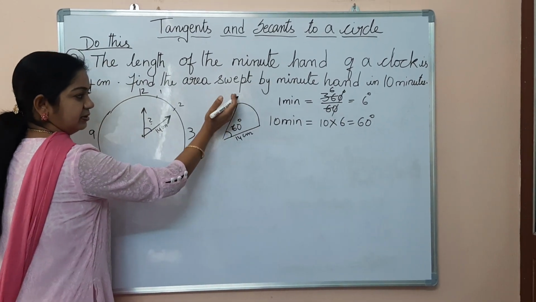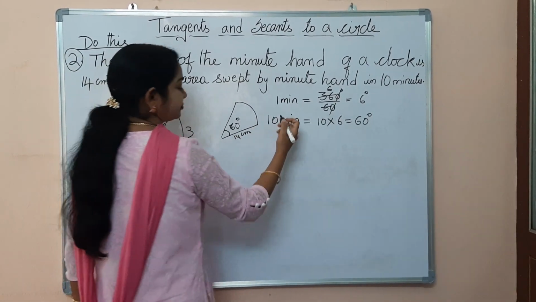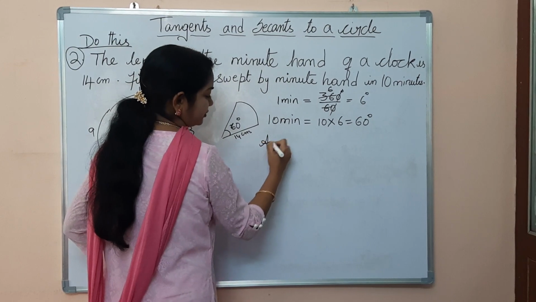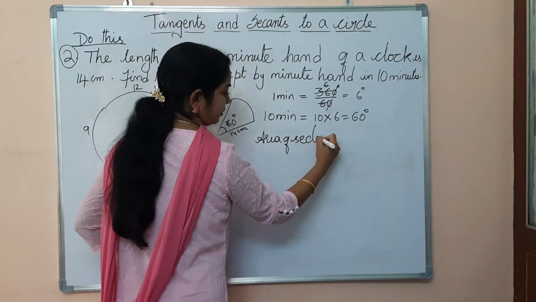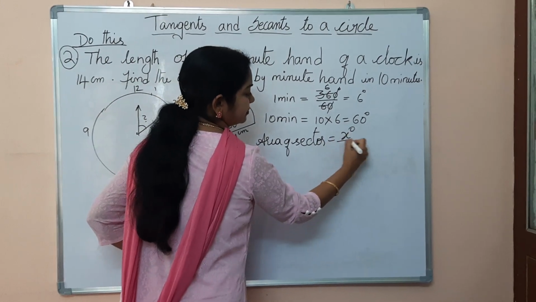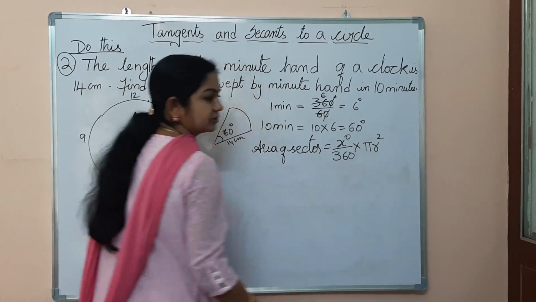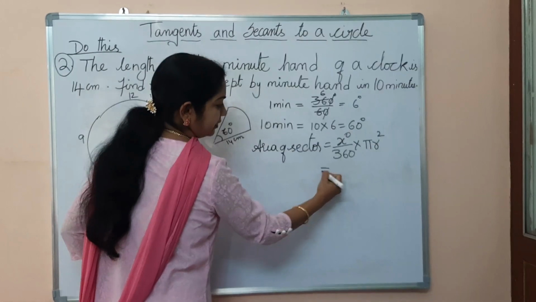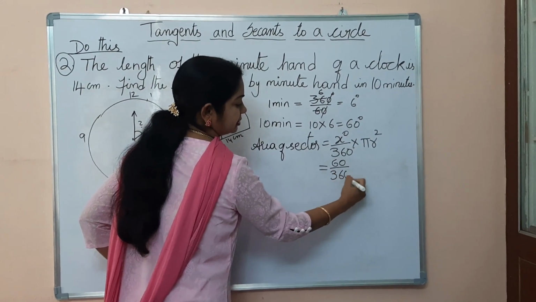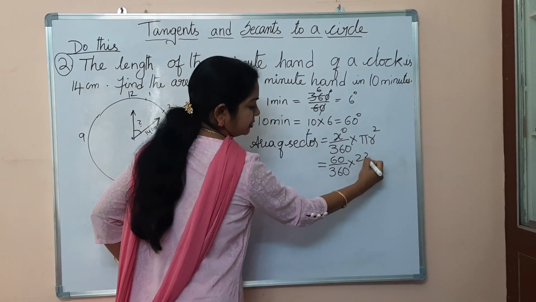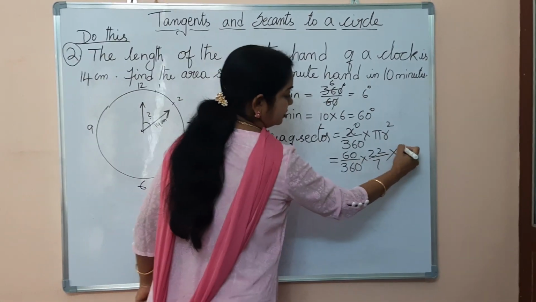The area of the region where the minute hand has swept in the clock. So from the area of sector, we know that x degrees by 360 into pi r square. Our x degrees is the angle, 60 degrees by 360 into pi value 22 by 7 into r, that is 14 centimeters here.